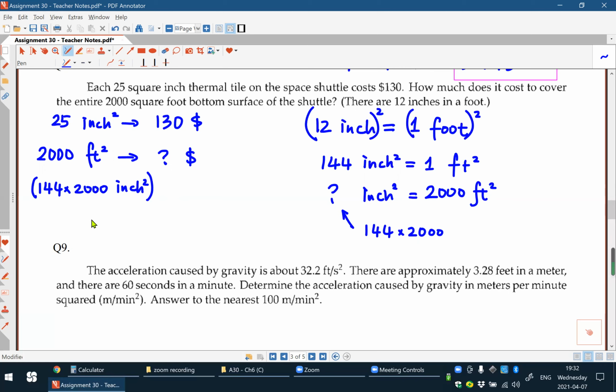It costs 130 over 25 times 144 times 2000. This is the total cost, right? Okay, so let's calculate this. And this number is 1,497,600 dollars.